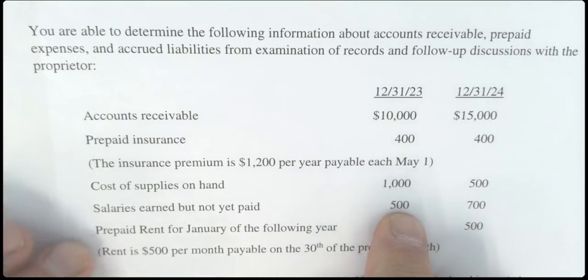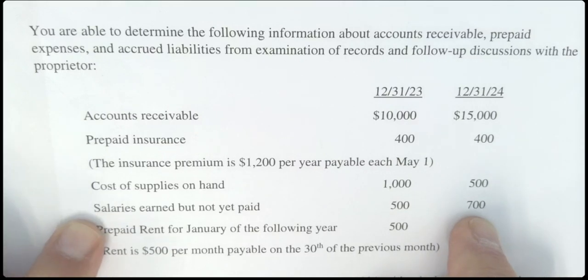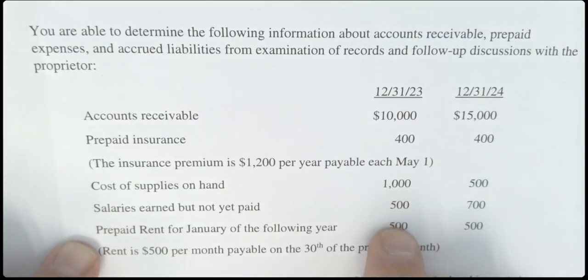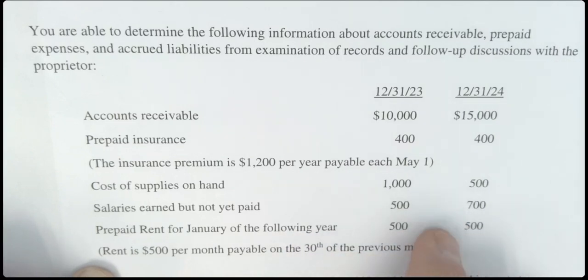In other words, that's what was earned but not yet paid from the end of 2023. And at the end of 2024, that amount is $700 earned but not yet paid. Prepaid rent is $500 each year because we have to pay our rent on the 30th of the previous month. So in each year, we had prepaid rent of $500.